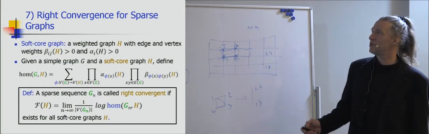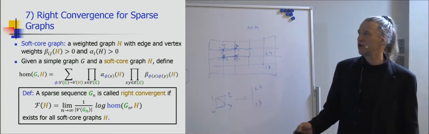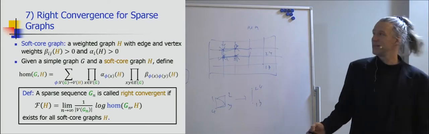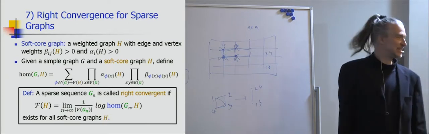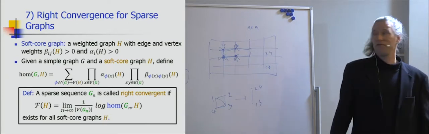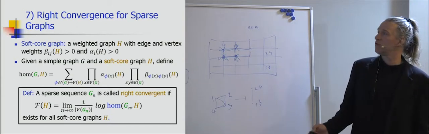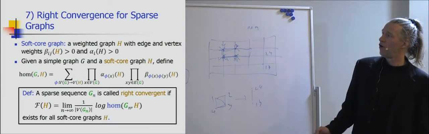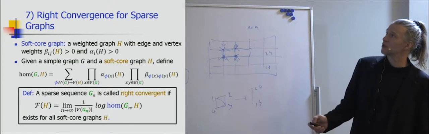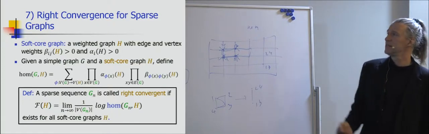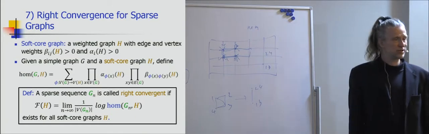This grows or falls exponentially in n. So if I take the log and divide by n, then clearly I get something which is bounded. And if it's not only bounded, but convergent for all soft core H, so for all these weights and all possible numbers of vertices, then we call this right convergence.